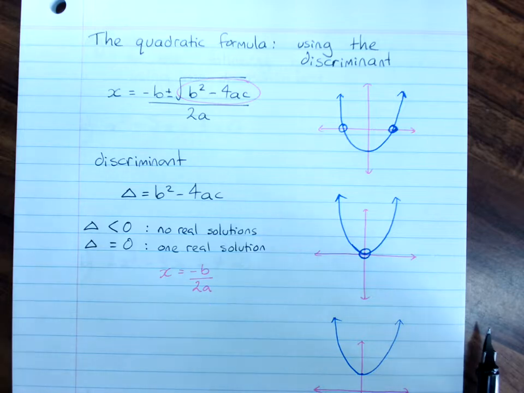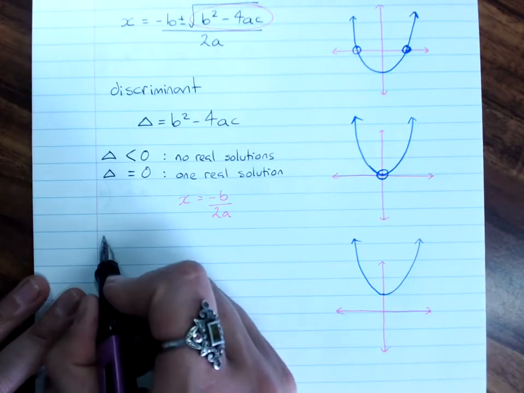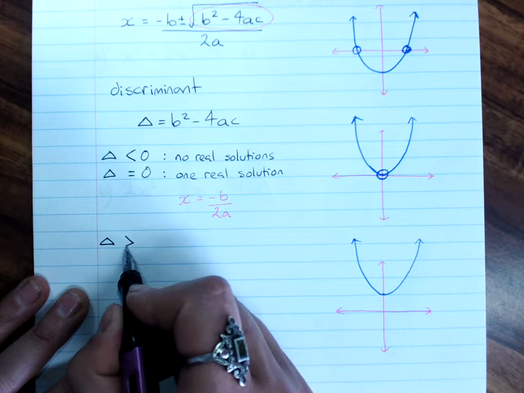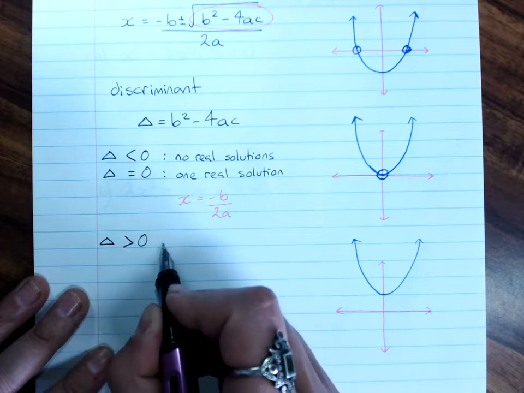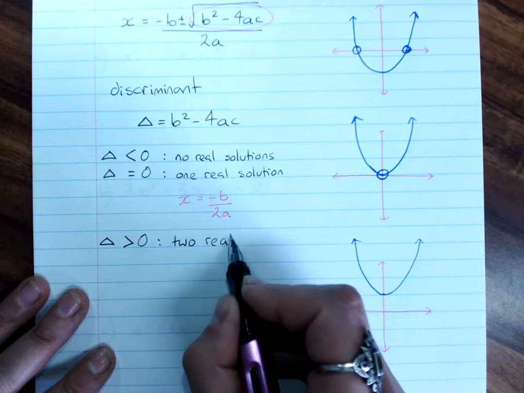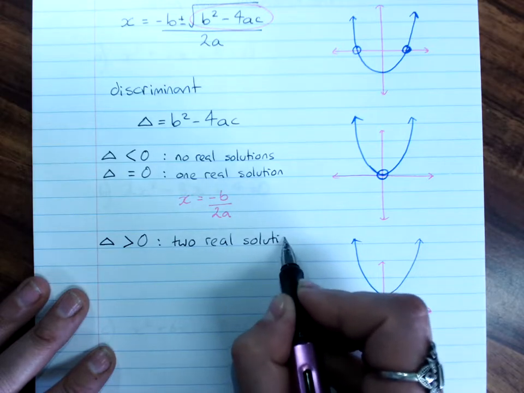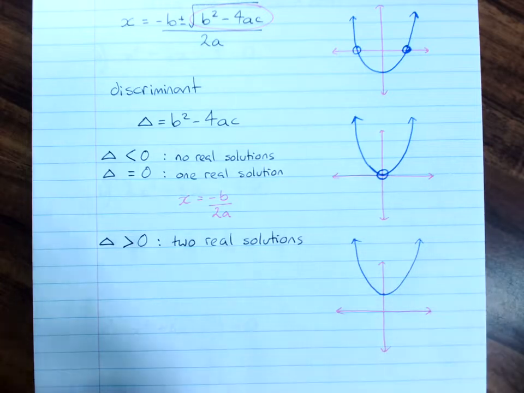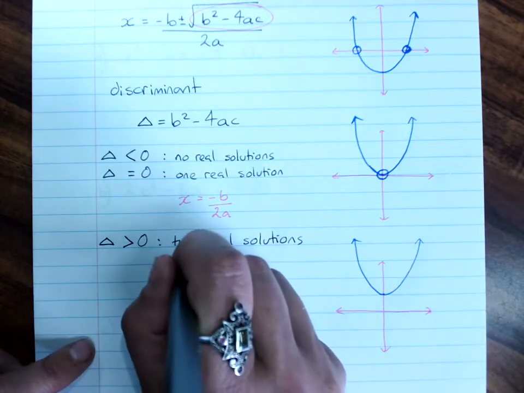And if the discriminant is more than 0, that is, it's positive, there are two real solutions, and you would solve using the quadratic formula.